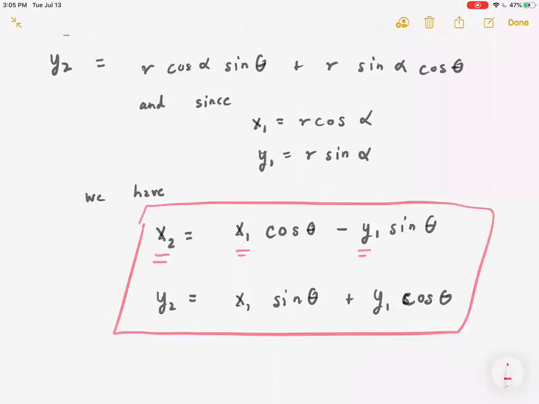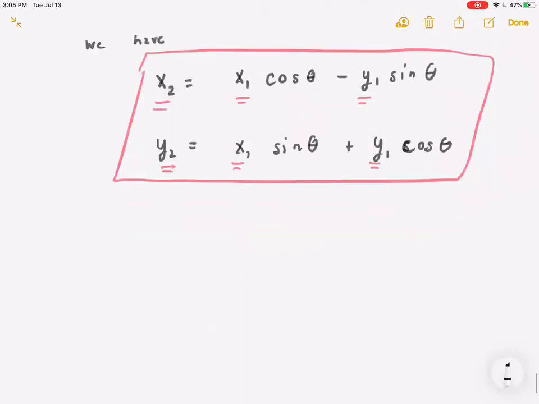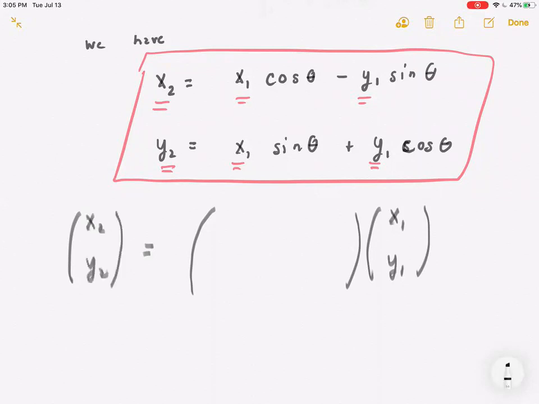So why is this useful? This is useful because now we can write down a matrix that in fact takes the vector r sub 1, acts on it, and gives you the vector r sub 2. And what is that matrix?